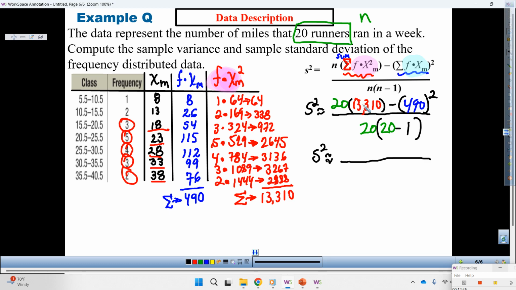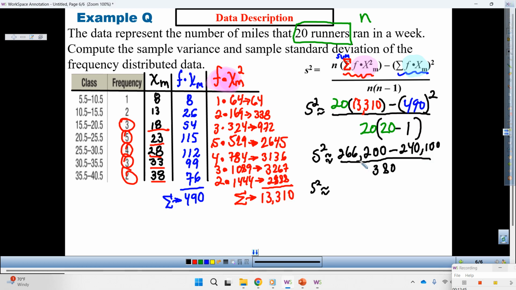Donna, 20 times 13,310 is 266,200 minus, Donna, what is 490 squared? 24,100. Very good. And 20 times 20 minus 1, which is 19, that's 380. All right, not bad.